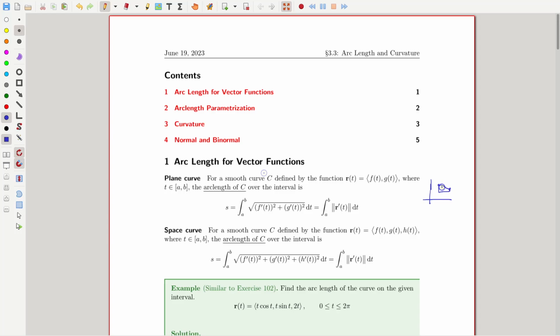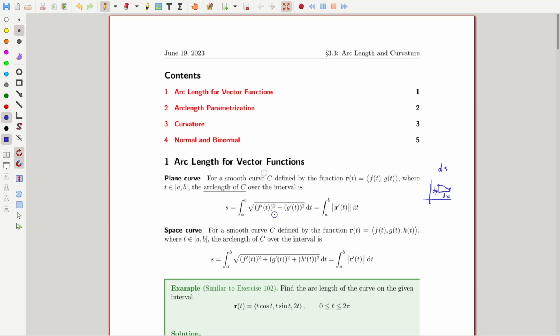But then the overall change of distance, which some people might reference as ds for a differential element of arc length, this change in the distance between the 2 points is given by the Pythagorean theorem, right? You have a dy there, you have a dx there. What you would do to compute the ds is you'd square the dx, square the dy, sum them together, and then take the square root to get ds, which is basically what this is doing here.